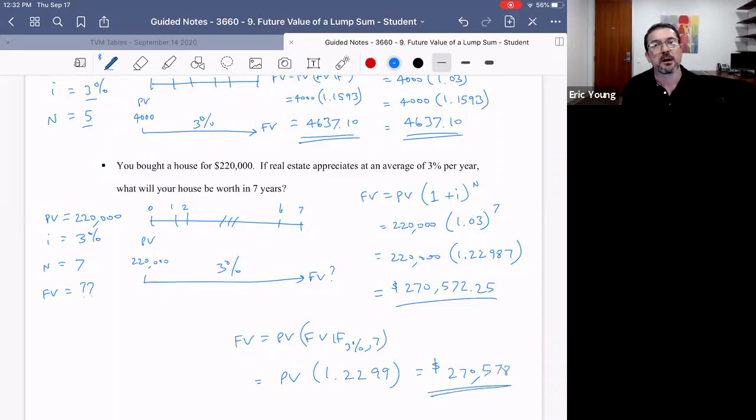You will notice here that we're a little bit off, $6 or $7 off, whatever it is. That's okay. If you do the exponent version and get a longer number, or you do the table version and get the shorter number, you're going to have a little bit of a rounding error. That's okay. In the scheme of things, the $6 difference here means nothing.